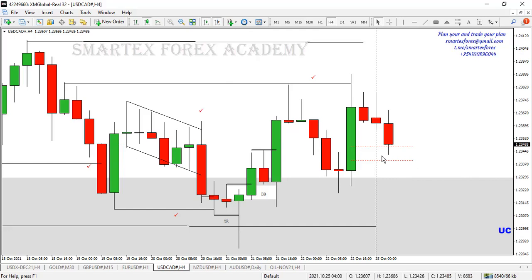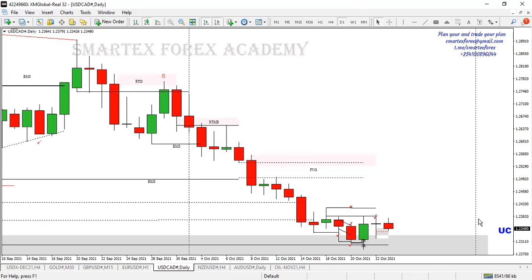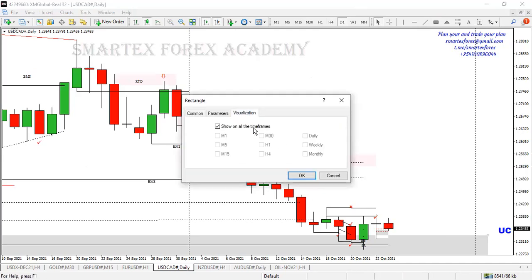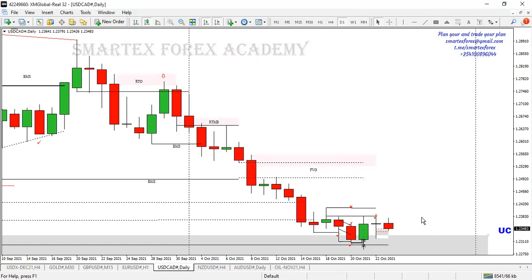Now, you see, this was the 4-hour fair value gap, filled up to halfway already, and it needs to be fully filled. But again, you can see we have this order block. Let the visualization be only on the daily time frame, because that's where we marked it from.